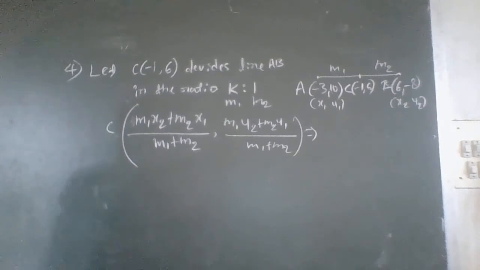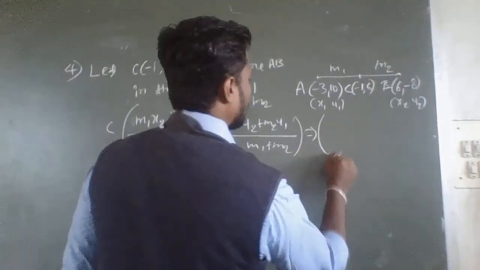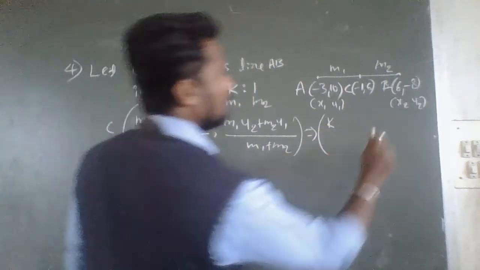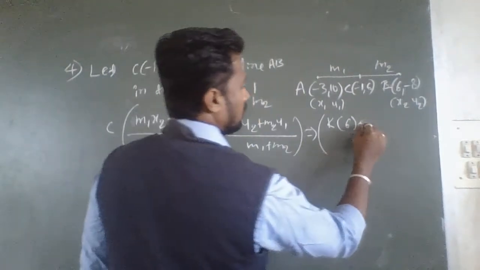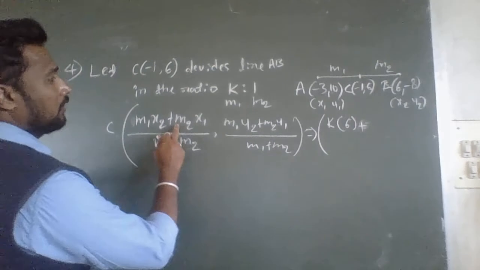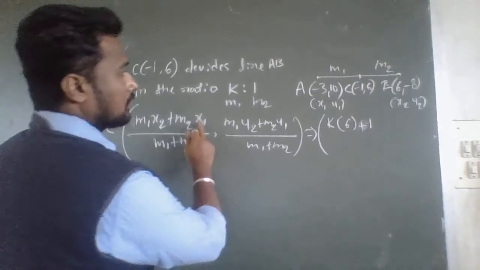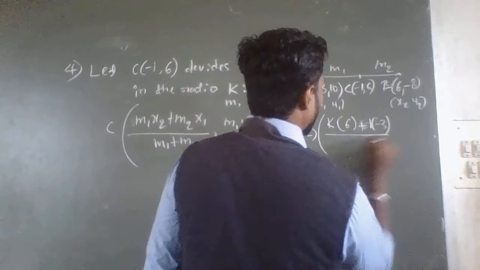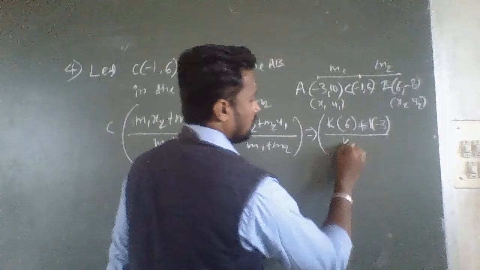Okay? So here, now m1 value is k, and k into x2 value, which is 6, plus m2 value is 1, therefore 1 into x1 value, minus 3, divided by m1 plus m2, means k plus 1.